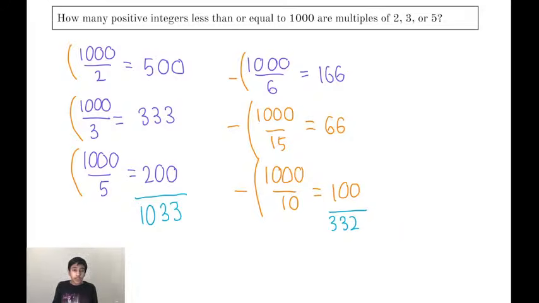So now, we're not counting the multiples of 30 at all. We're counting the multiples of 30 0 times. So therefore, we must add back the number of multiples of 30, which is just going to be equal to 33. So overall, we just do 1,033 minus 332, which is 701, plus 33, which is 734, which is our answer.